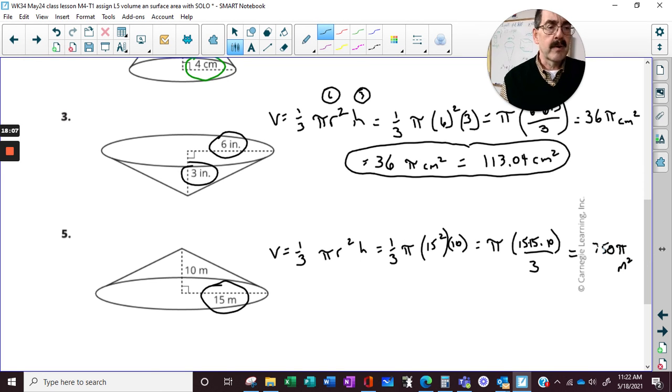meters squared. Now, did you see that Monty messed this up? These were inches, inches squared.